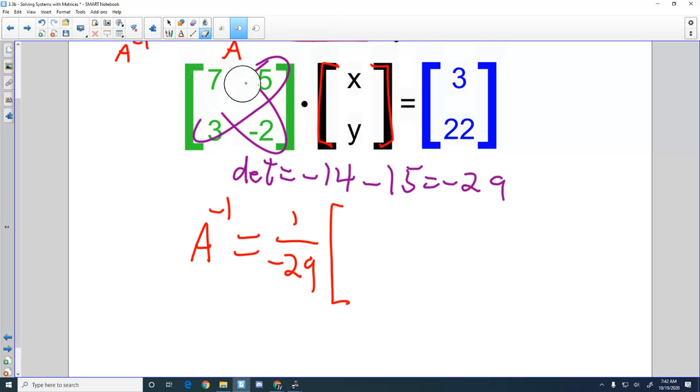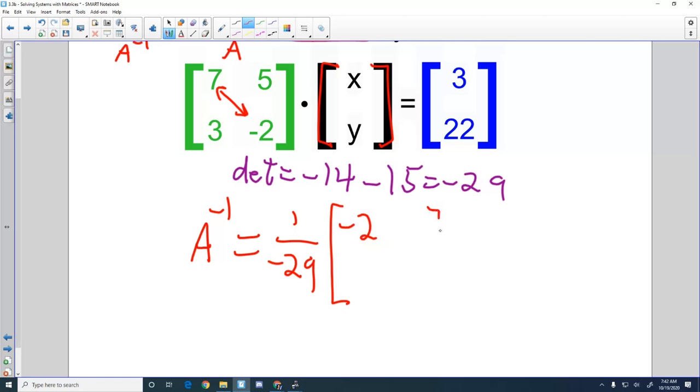And then inside the square brackets for this inverse matrix, you do two things. We swap the locations of the first element and the last element. So negative 2 is going to go in that first spot, 7 is going to go in that last spot. And then you switch the signs of those other two elements.